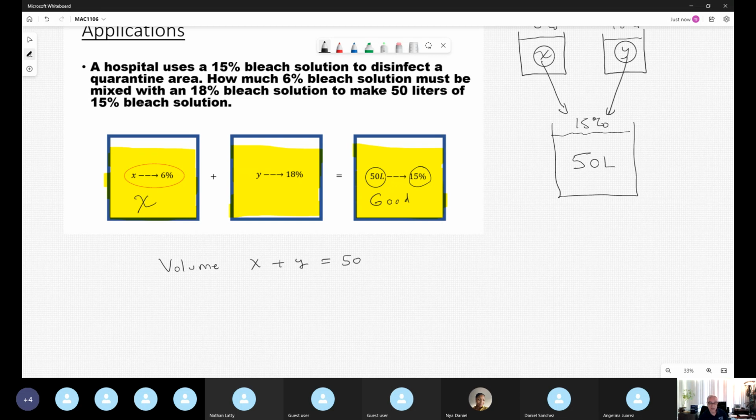Everyone understand this equation? I want to call it equation 1. Make sense? Yeah. Total volume, water plus bleach.